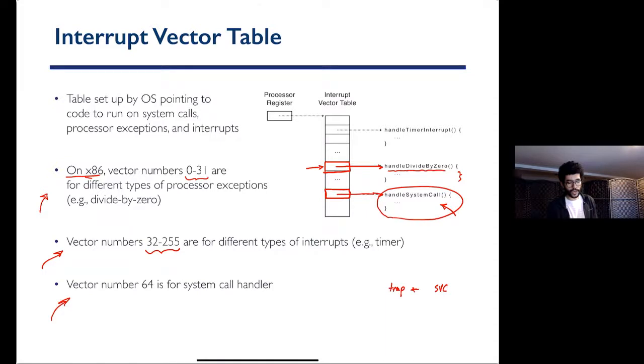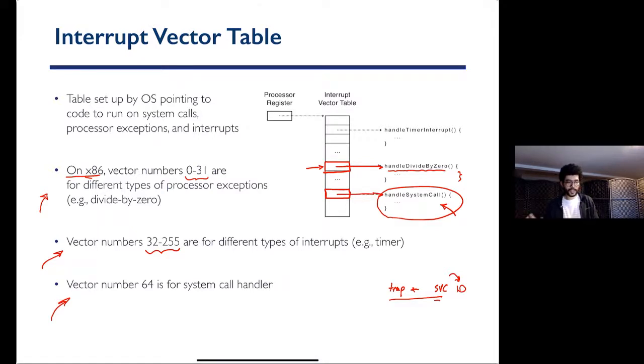So whenever this trap or SVC is called, usually you pass a number, like SVC 10, and then you associate 10 with certain things. Maybe 10 is to open a file, 11 is to close a file, 12 is to delete a file, and so on and so forth. So that's the interrupt vector table.